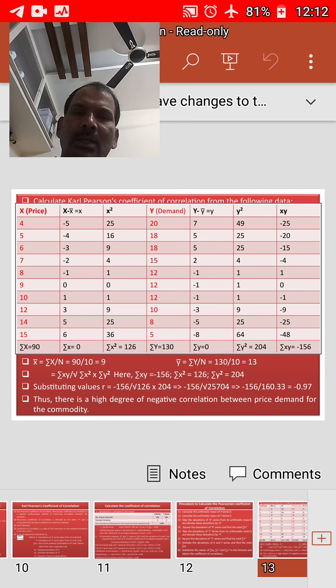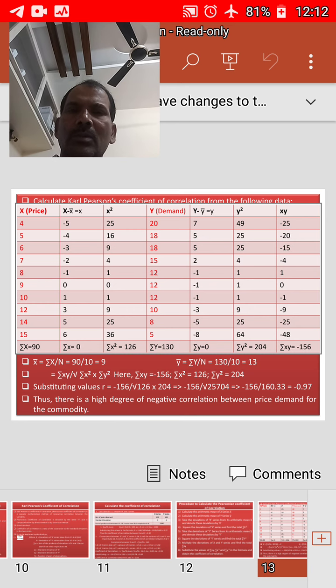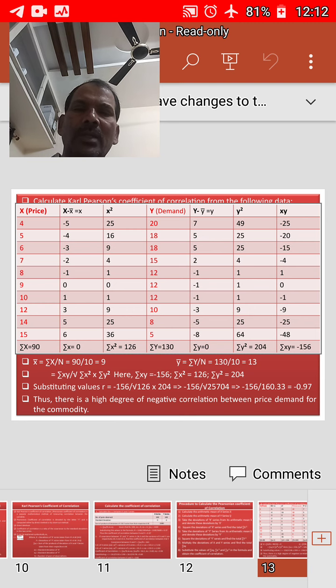Here sigma xy that we got is minus 156, and sigma x square is equal to 126, and sigma y square is equal to 204. Substituting the values, r is equal to minus 156 by under root 126 into 204, which gives minus 156 by under root 25,704.